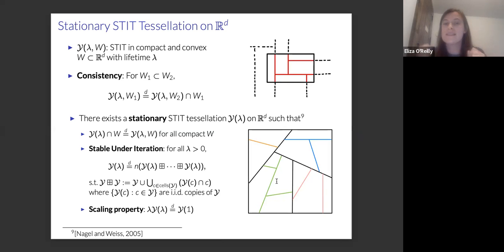And if a partition is stable under iteration, it means that if you iterate the tessellation n times and then scale all of the boundaries by n, you recover in distribution the original random tessellation.